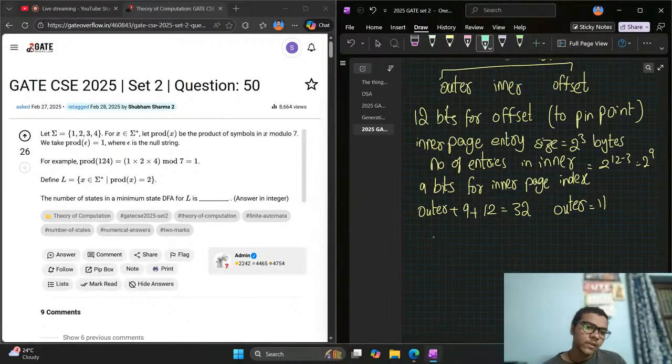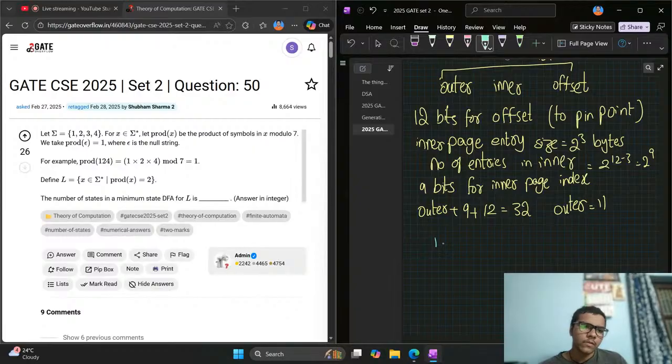1, 2, 3, 4. Okay. Product of X is equal to 2. We need to compare it with 2.